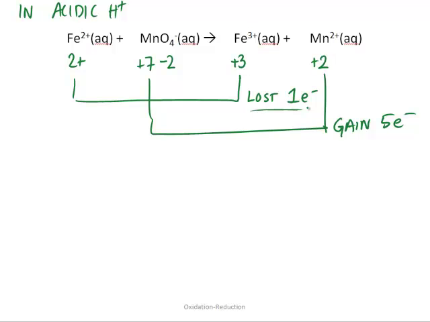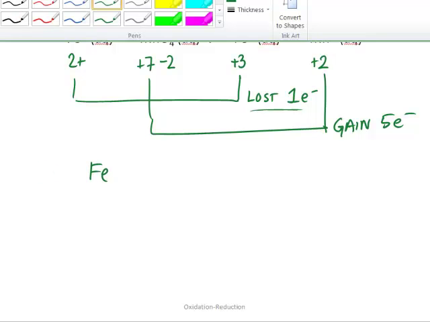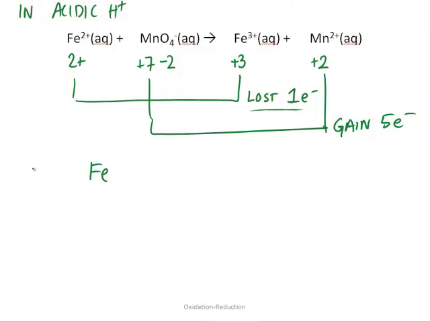Next we're going to write out the half reactions. Okay, and we just write our oxidation reaction, doesn't matter which one you write first, but we want to make sure we're labeling these correctly.